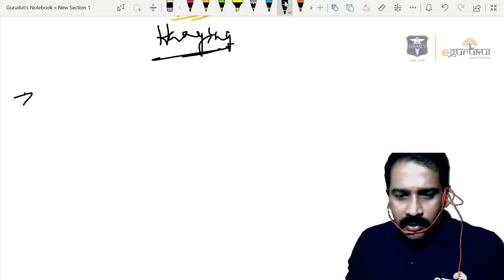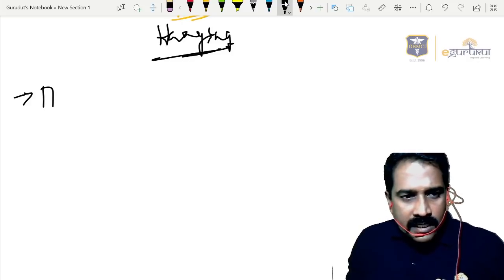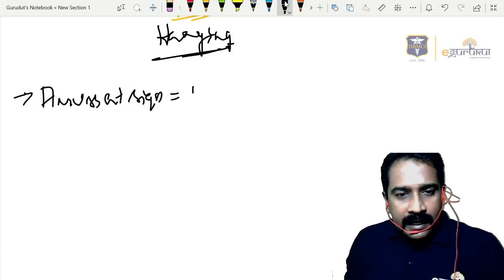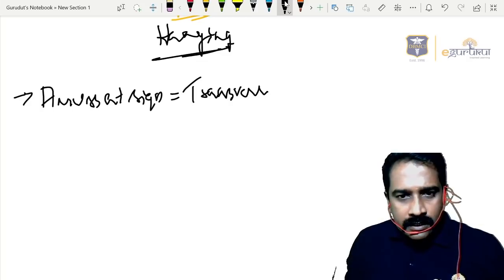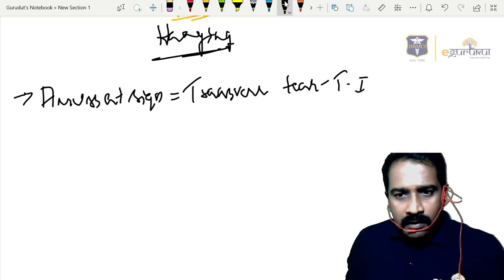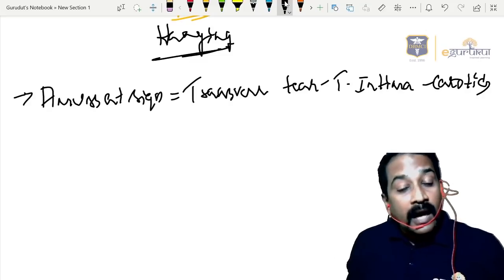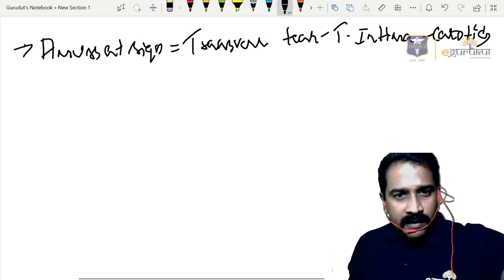The third important point you got to know is Amussat sign. It's a repeated question. What is Amussat sign? Transverse tears in the tunica intima of the carotids. It's also a feature of antemortem hanging.